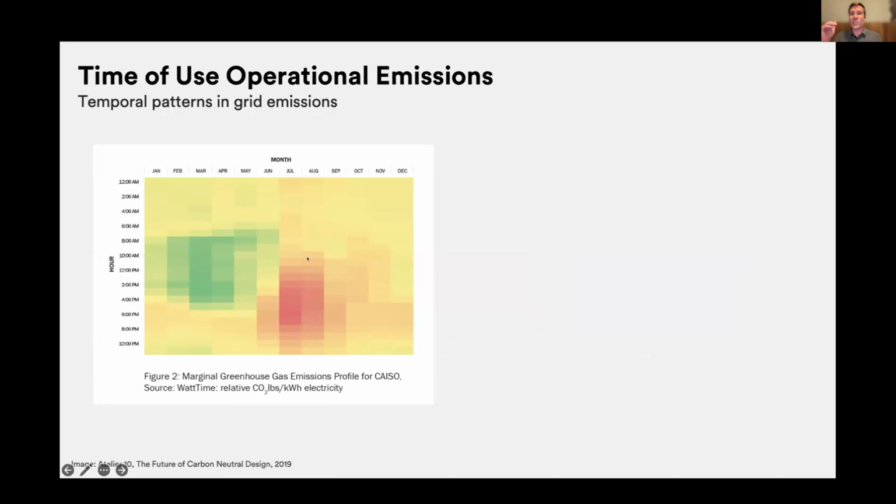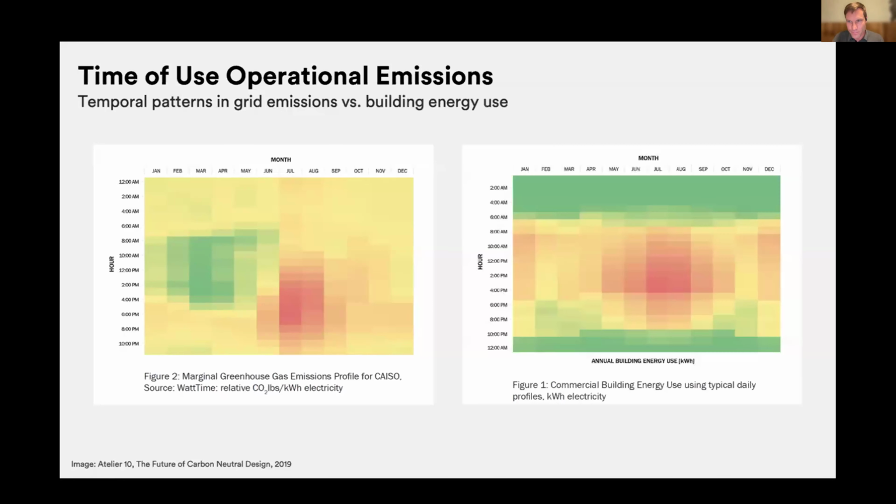So when an additional kilowatt hour of energy is pulled from the electrical grid, what resource will meet that need, and what are the emissions associated with that resource? You see patterns here. It's probably a whole other webinar to describe what drives these patterns, but the fact is that energy used at one part of the day during one part of the year is very different than in another.